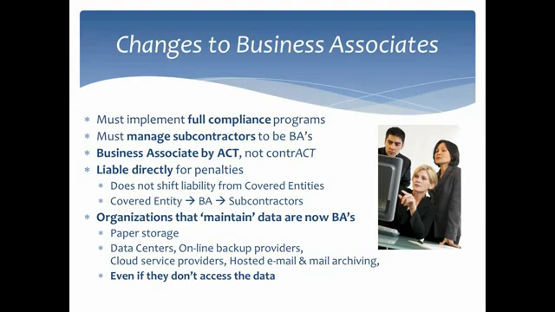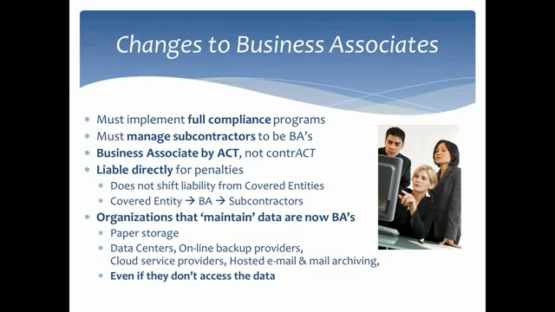What the new omnibus rule did is it now says that those organizations are pretty much the same as they always were, but any organization that maintains data is now a business associate, even if they don't access the data. Some of the paper storage companies said that they were not business associates because they only received sealed containers and they never opened them, so therefore they were like a conduit.